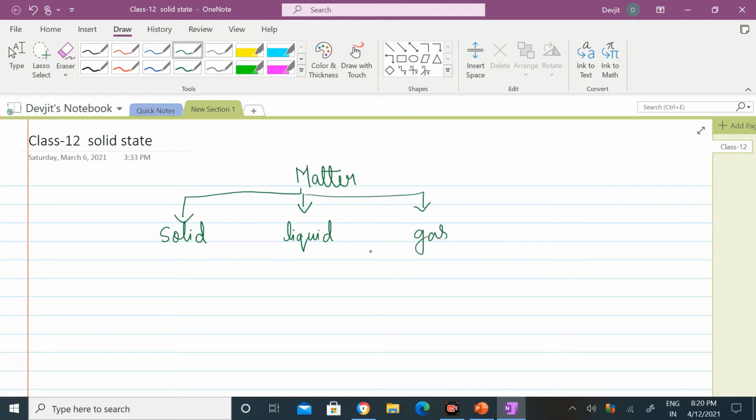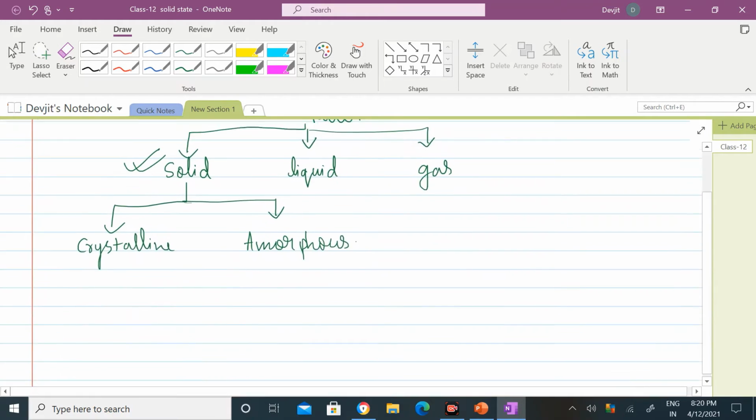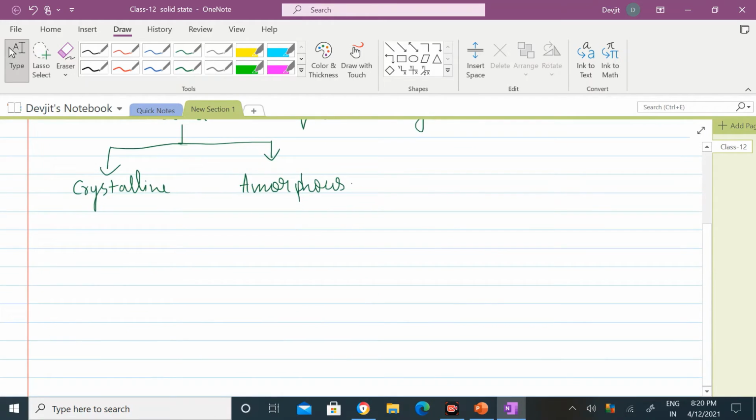Fine, we have understood that. And in this chapter, our main concern will be only on solid. Next, solid is further classified as crystalline solids and amorphous solids.